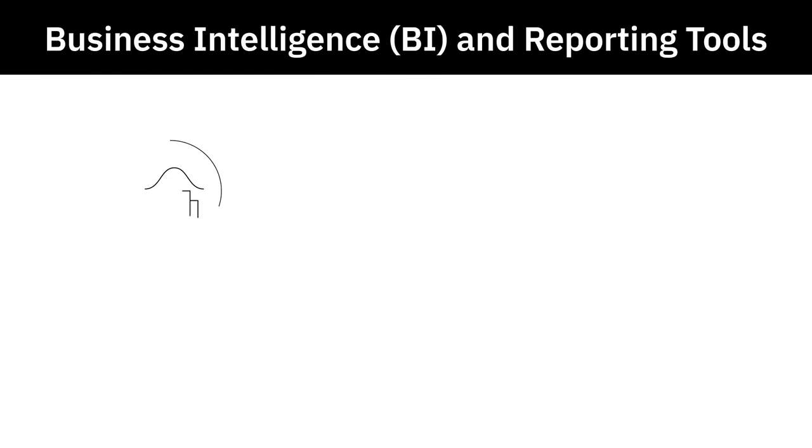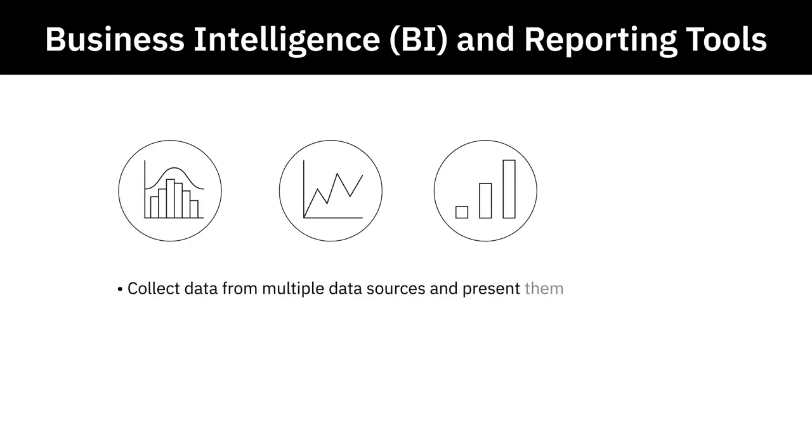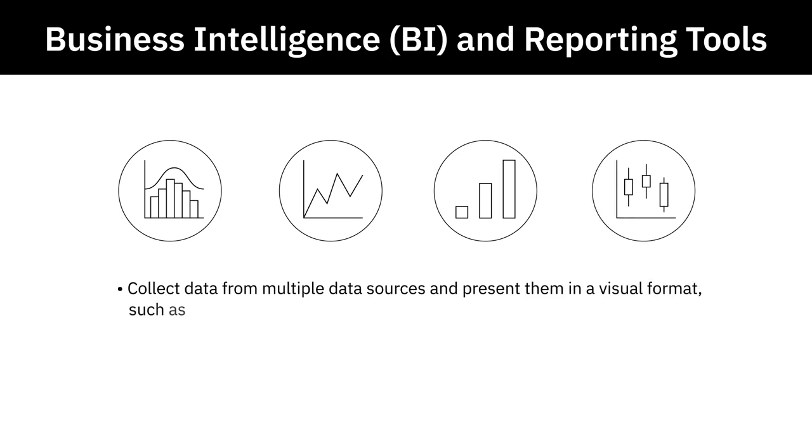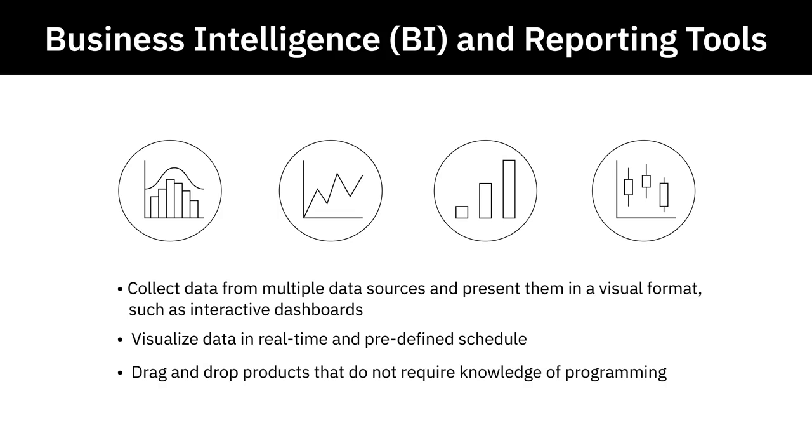BI and reporting tools are used to collect data from multiple data sources and present them in a visual format, such as interactive dashboards. Using these tools, you can connect and visualize your data in real time and on a predefined schedule. These are drag-and-drop products that do not require the users to know any programming. While these tools are typically used by data and BI analysts, they are enabled and managed by data engineers.